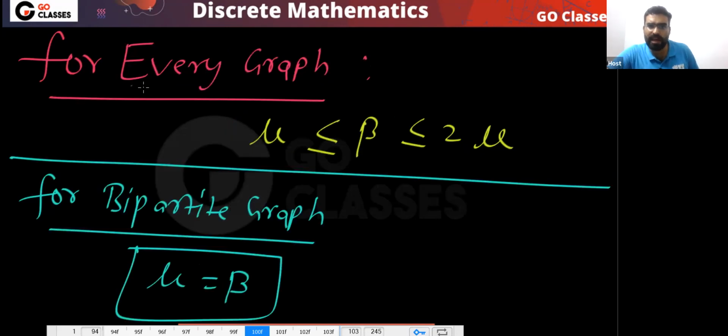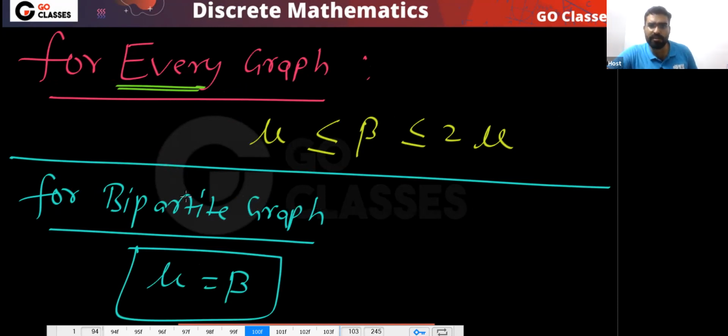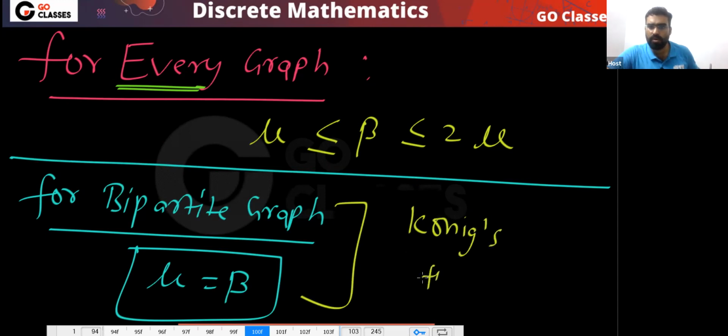For every graph the earlier inequality holds, and that proof we have already seen. But for bipartite graph, mu will be equal to beta. This statement for bipartite graph is known as Koenig's theorem.